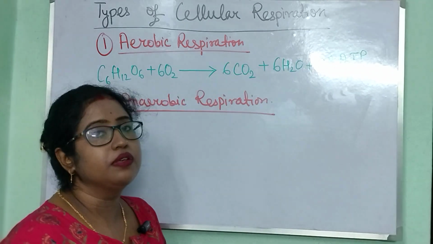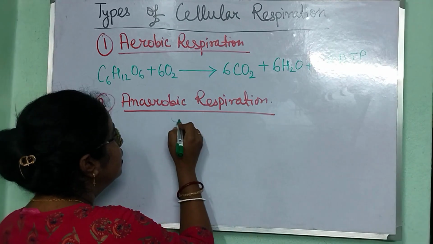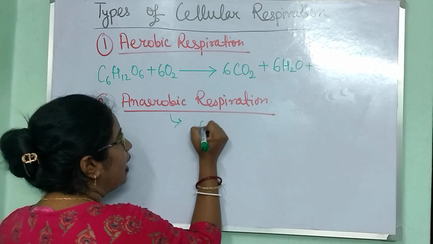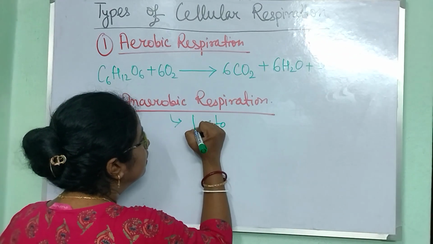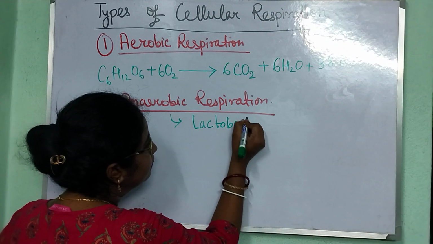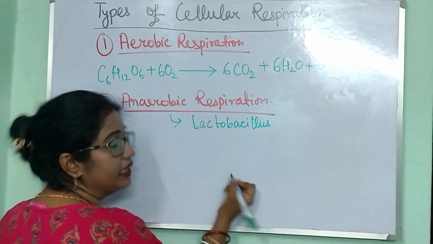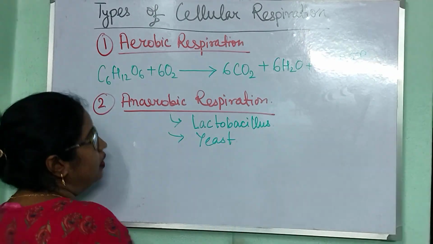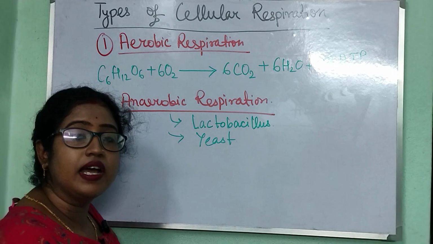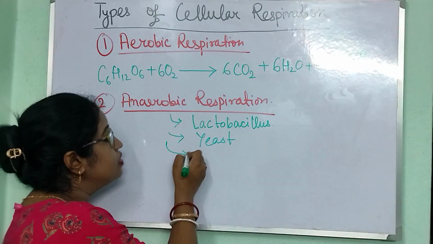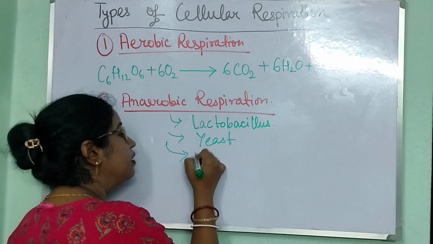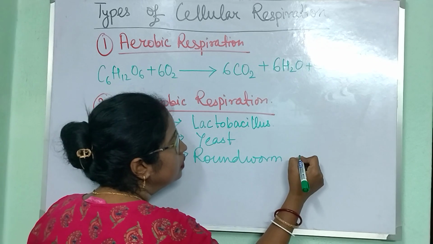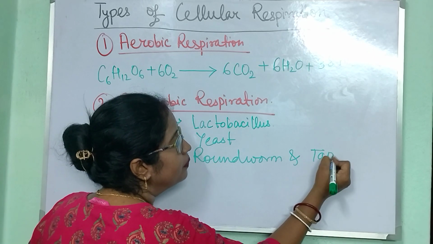Anaerobic respiration is mainly observed in some different types of bacteria like lactobacillus bacteria, then yeast, along with some parasites found in the guts of vertebrates like the roundworm or the tapeworm.